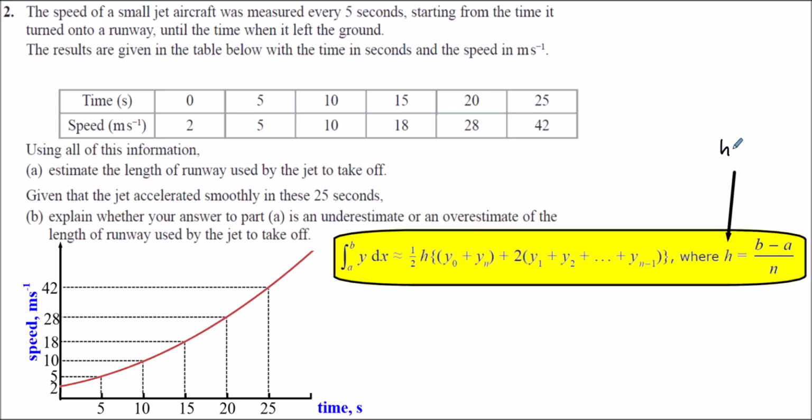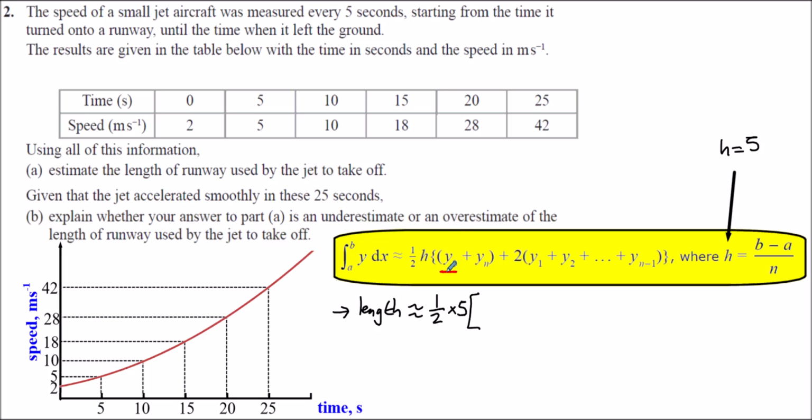So it's just a case now of carefully plugging in the numbers. So the length of a runway, we're going to use the trapezium rule to approximate. So it's going to be a half of h, so a half times 5, times y0 plus yn. So y0 is like the first height, yn is the last height.